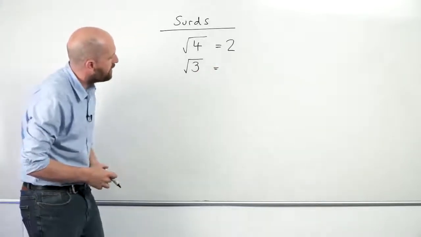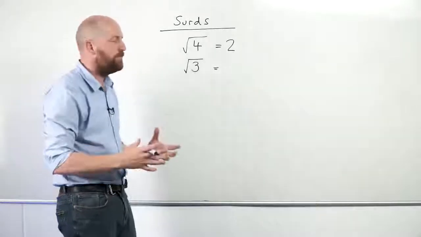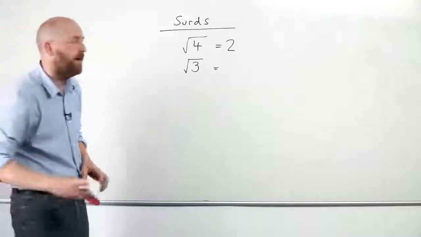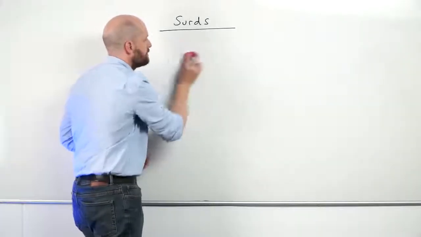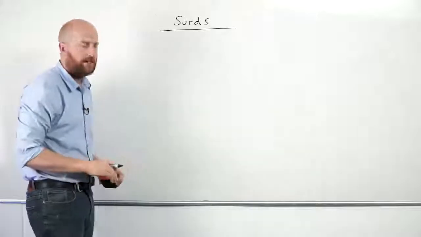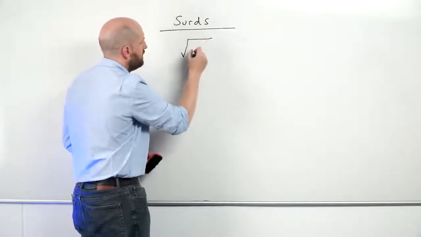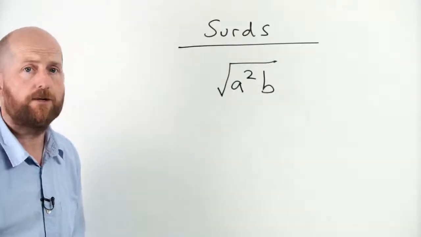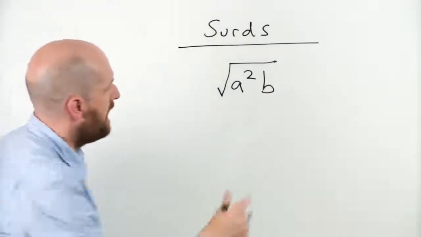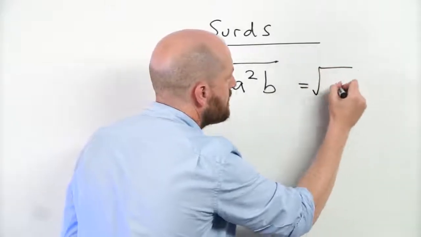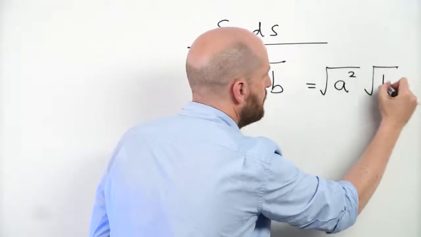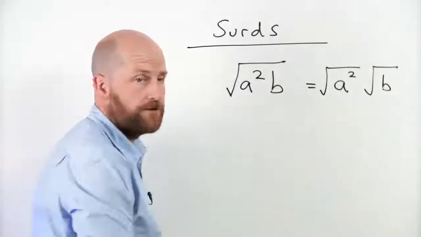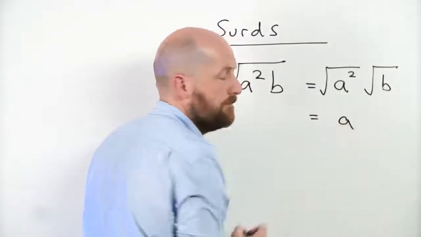Okay, so surds are interesting. Surds, in terms of simplifying expressions, are rather unusual. So there's a couple of different ways we might think about simplifying expressions. The first is if we can find an expression which looks like the square root of, let's say, a squared times b, then this is equivalent to the square root of a squared times the square root of b, and the square root of a squared number is in fact just the number, a.